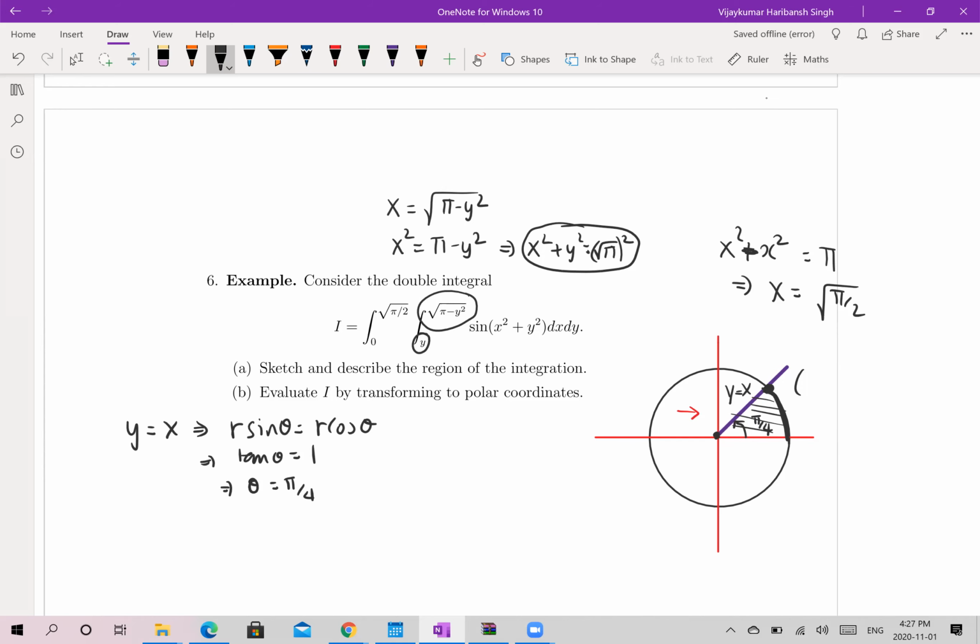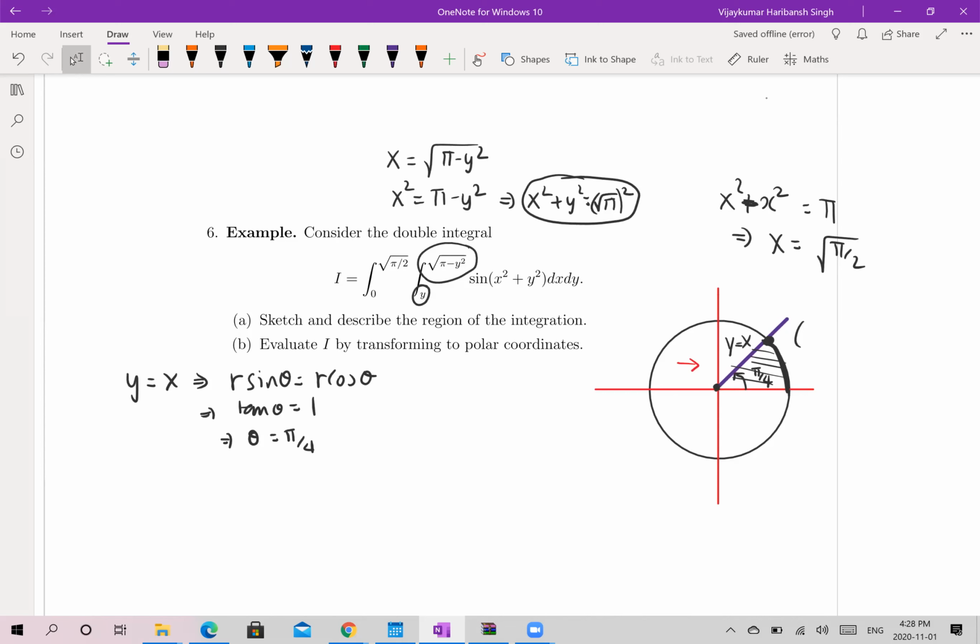And I want to write down this region in polar coordinates. So region D in polar can be described as (r, theta), where r is changing from 0 to square root of pi, and theta is changing from 0 to pi by 4.